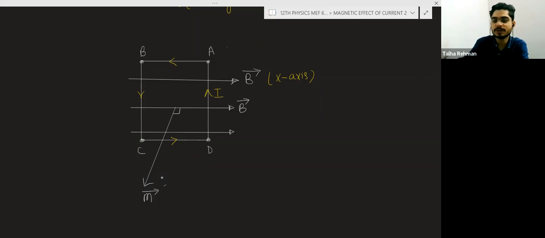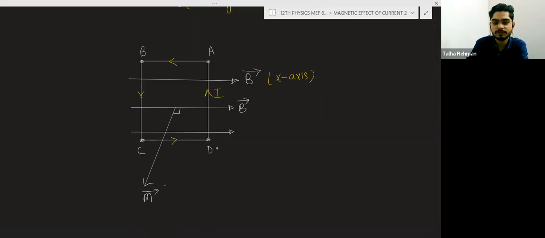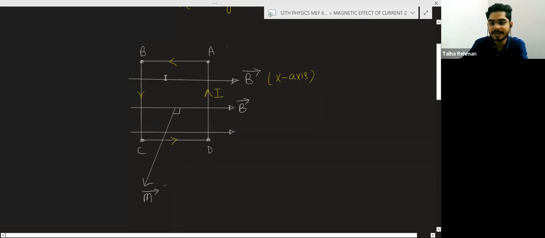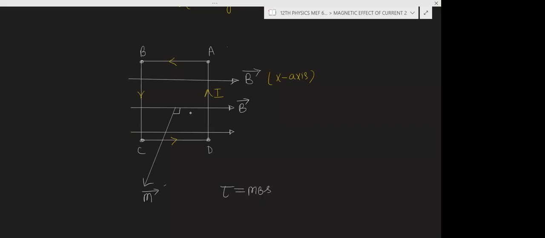So what will be the torque in this case? What is the formula of the torque, Matthew? This is the current carrying coil in the magnetic field. So the formula of the torque on the coil is given by mB sine alpha.